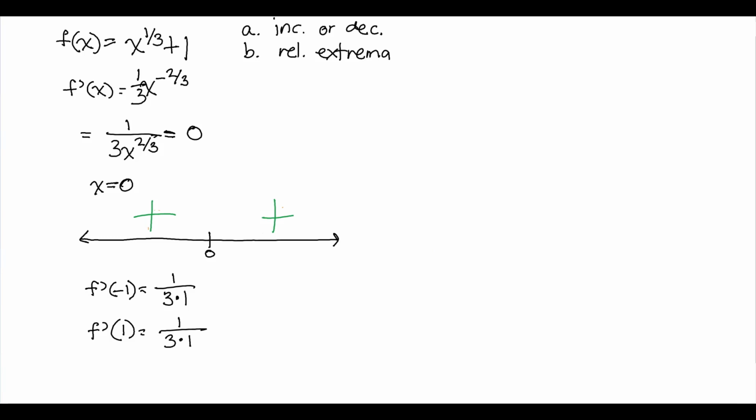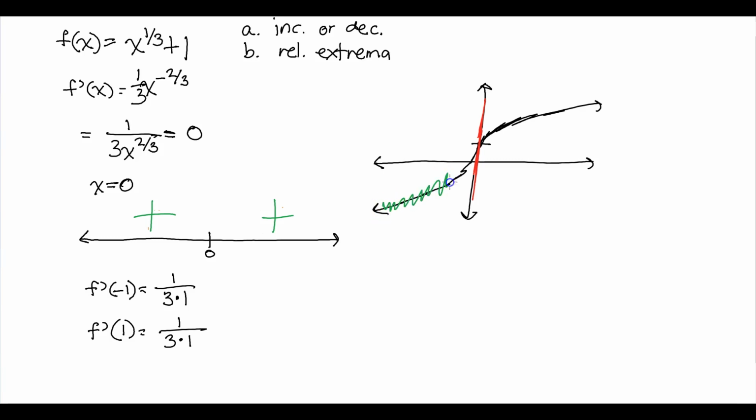This is a dud, a neither point. And in case you're curious, the graph of f kind of looks like this. It's not really exact, but you could see that the tangent line is vertical at this point. So it's undefined. However, it's always increasing.